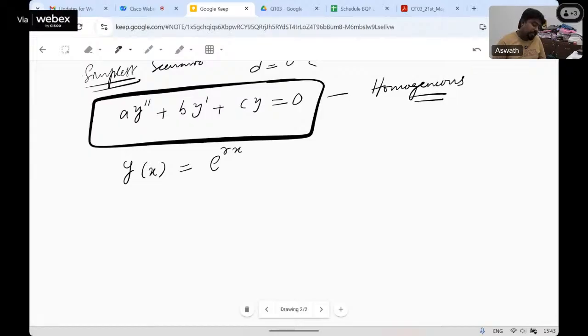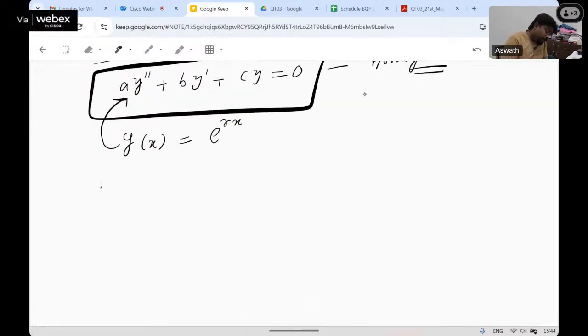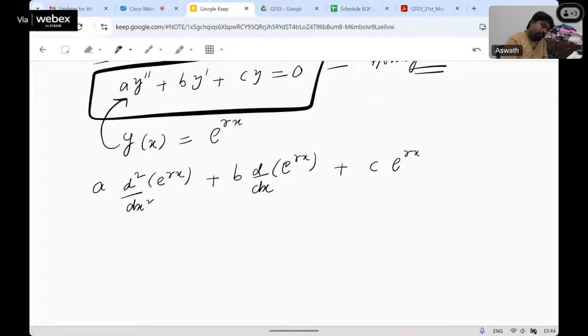If I guess this exponential rx solution and put it back here, I don't know whether it's a solution or not, I'm just trying to guess. So let's substitute: a into second order derivative of exponential rx plus b into first order derivative of exponential rx plus c into exponential rx is equal to 0.